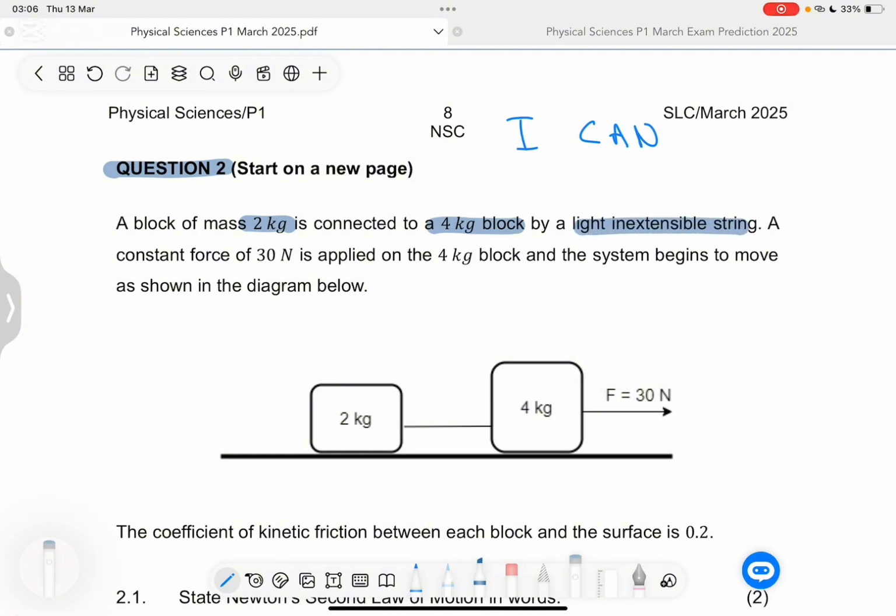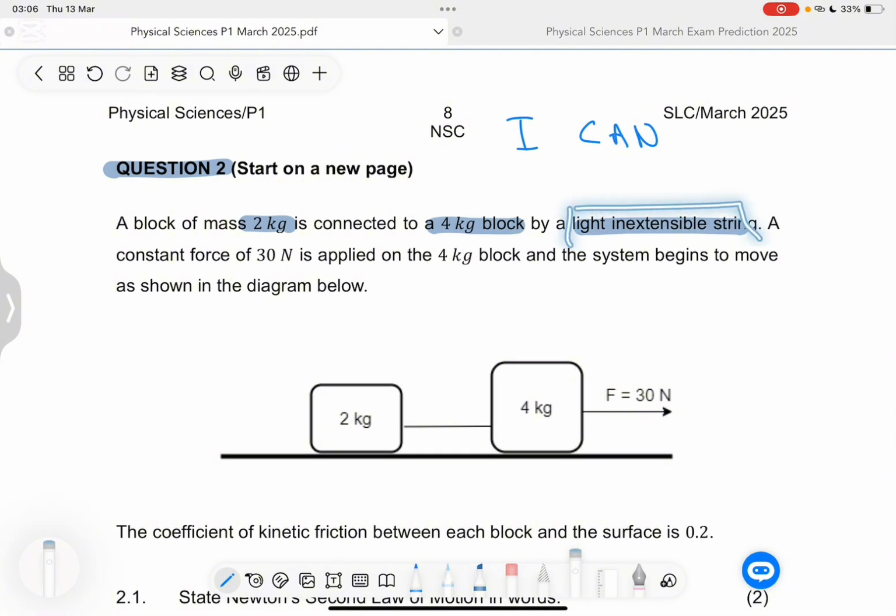This is a very important statement because when they say it's light, it means that we are going to ignore the mass of this string. And because it is inextensible, it does not extend, which means the tension that is produced here is the same. We don't have different magnitudes of tension.